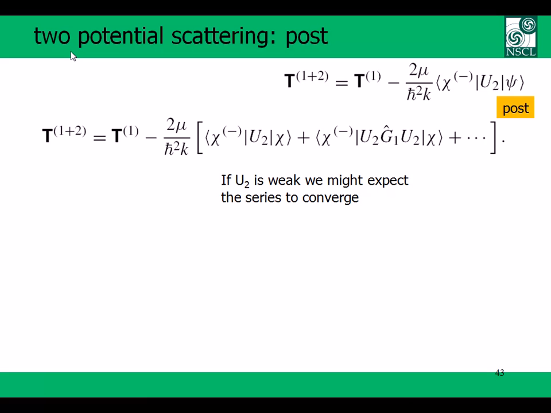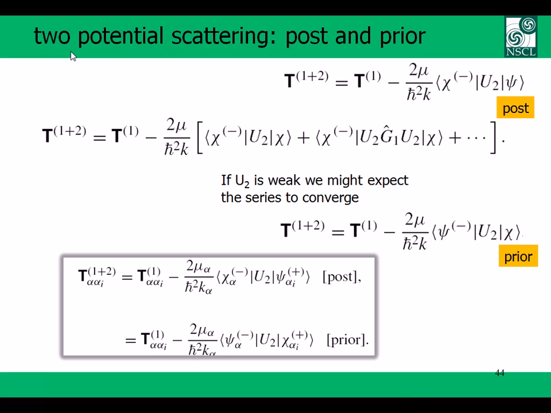The other point I'm making here is terminology. We will refer to this as a post form. You could do a prior form where psi would appear on the left-hand side. These things have to have symmetry, so you can write exactly what I derived. You could write it in terms of bras and eventually get something of this form.